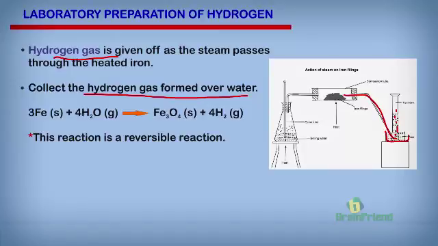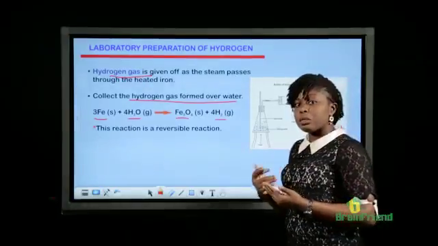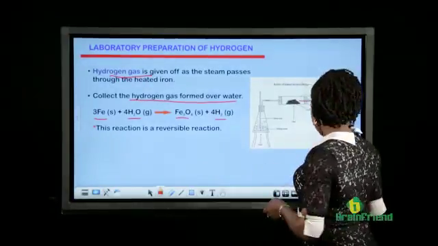So this is a water trough, and here we see that the hydrogen gas can be collected. This reaction is actually a reversible reaction, and the equation is iron plus steam, which will give us iron oxide and hydrogen. So this chemical reaction is actually used in the laboratory to prepare hydrogen.